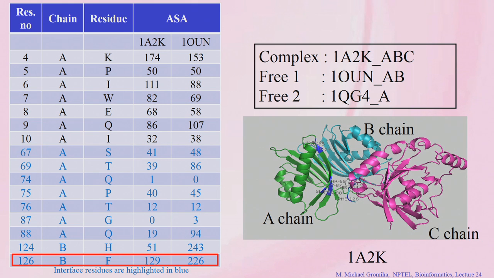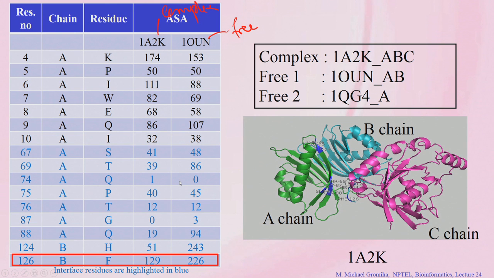This is the complex 1A2K, and this is the free protein. In some cases you see the free protein higher than the complex and also vice versa in some other cases. If it is reduced in the complex, then these residues are identified as the binding site residues, fine.